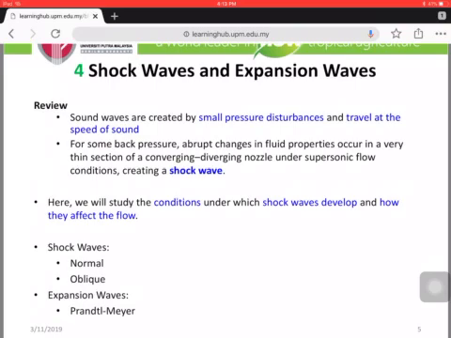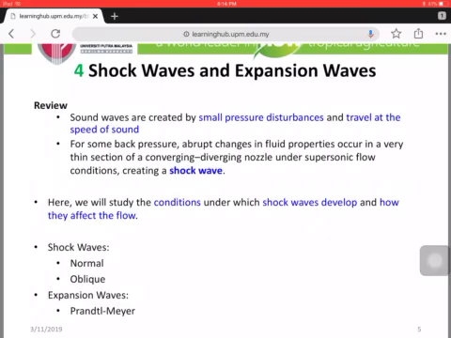So remember, this converging and diverging nozzle is to create supersonic flow with supersonic speed. And due to the abrupt change, remember the word is abrupt right here, it will create a shock wave.